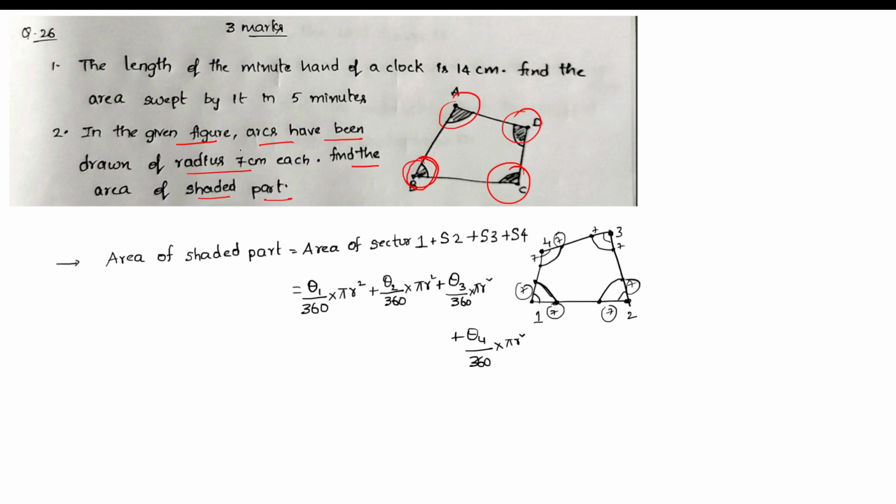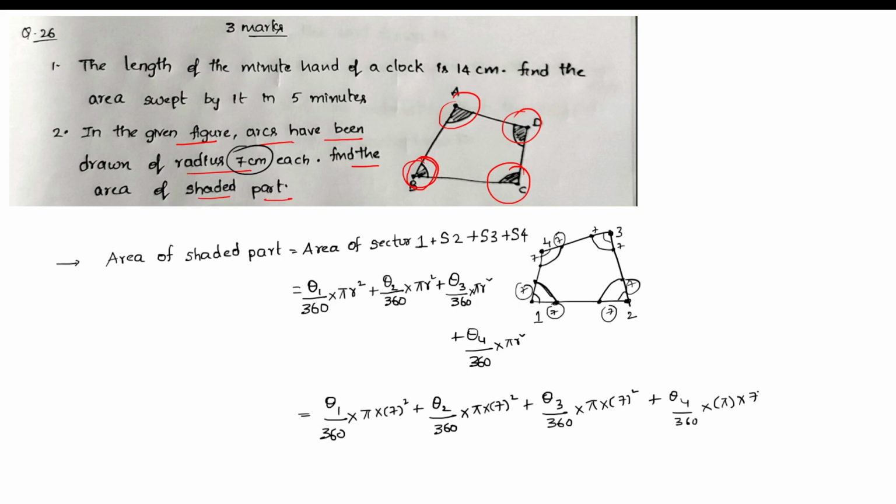Now what is the r value for each sector? 7. So let me substitute the value of r as 7. So theta 1 by 360 into pi into 7 square plus theta 2 by 360 into pi into 7 square plus theta 3 by 360 into pi into 7 square plus theta 4 by 360 into pi into 7 square.